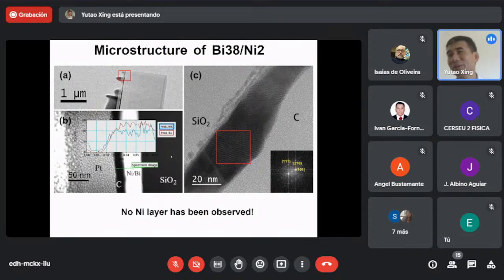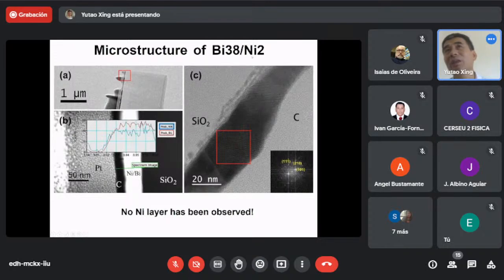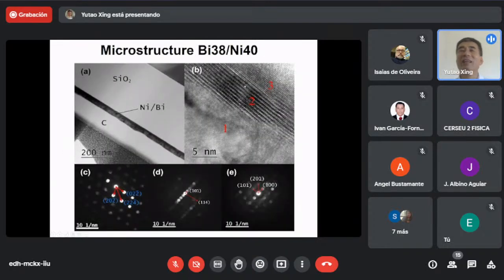And then I studied another sample with a higher thickness, a little bit thicker nickel, 40. That one is nickel 2. If we study the nickel 40, the thickness is 40 nanometers, so there has to be a nickel layer.